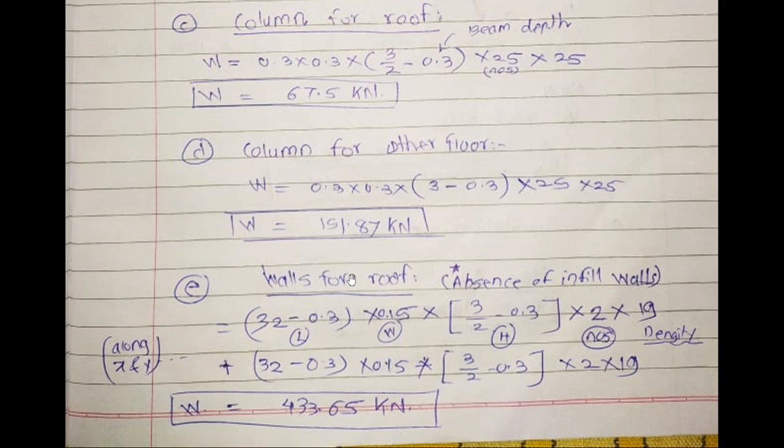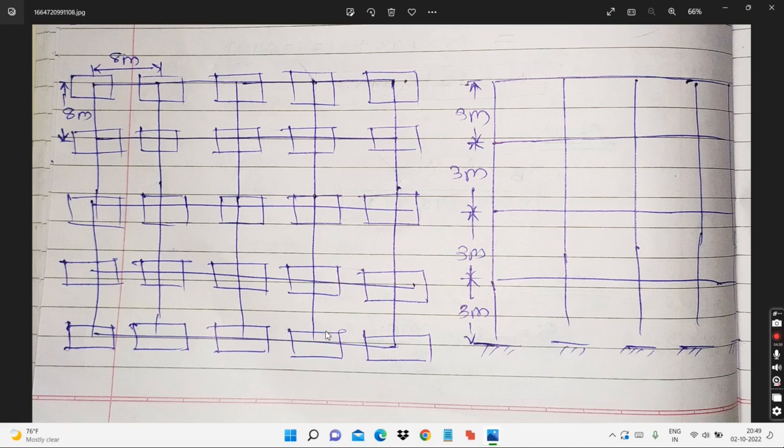Then next, for calculation of walls for the roof, similarly, this 32 will indicate the overall length minus this 0.3, which indicates our column dimensions of 0.3 by 0.3. So this 0.3 will be divided into half and this 0.3 will be divided into half.